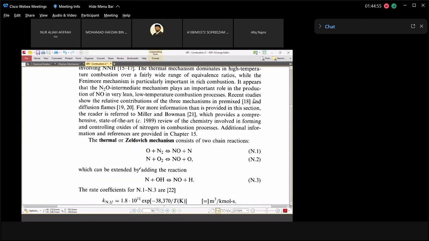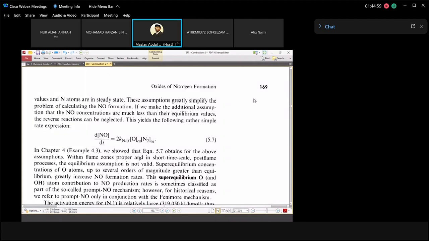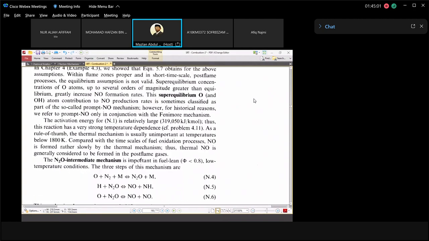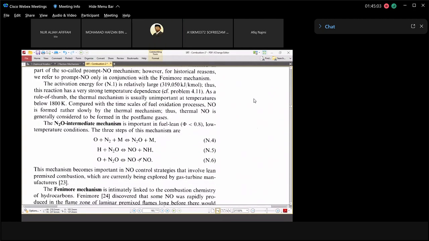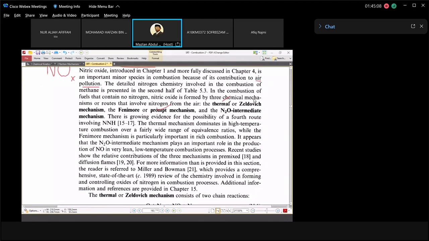Zeldovich means thermal. So these are the main three. Number one is thermal, or Zeldovich. Number two, the prompt mechanism, which is Fenimore, pioneered by Fenimore.